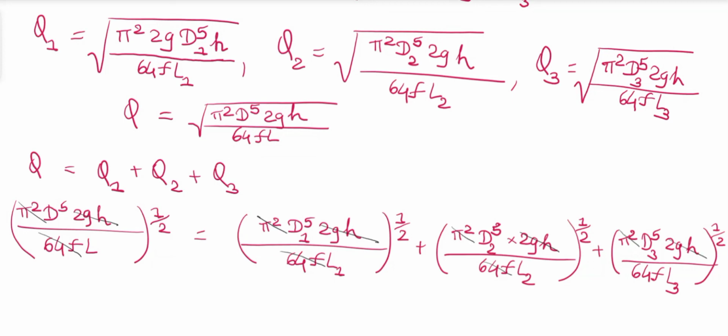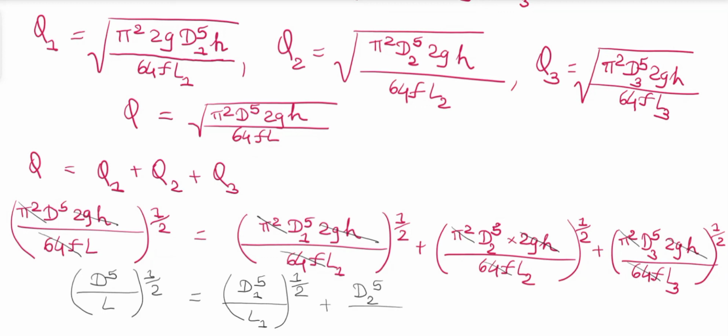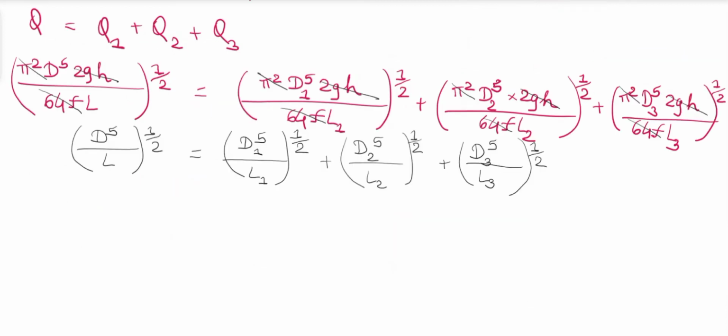We'll just cut this and now we'll be left with d raised to 5 upon l raised to 1 by 2 is equal to d1 raised to 5 upon l1 raised to 1 by 2 plus d2 raised to 5 upon l2 raised to 1 by 2 plus d3 raised to 5 upon l3 raised to 1 by 2. This is how we can find the length of the equivalent pipe in the case of parallel pipes.